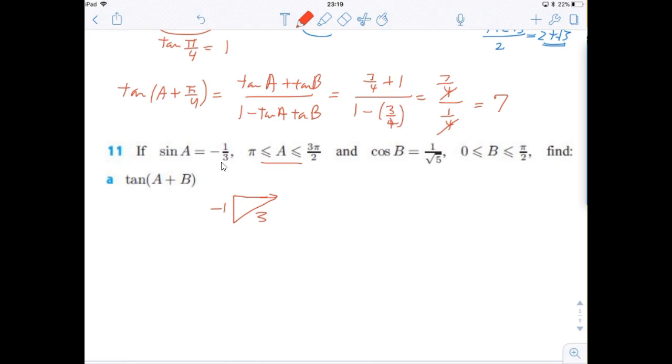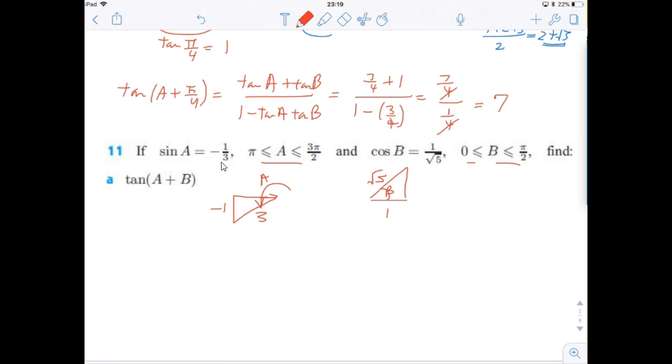Okay, so yeah, this one is in the right quadrant. So this would be angle A, is this angle here. And then cosine of B is in the 1st quadrant. And it would be 1 over square root of 5. And this is B. Okay.